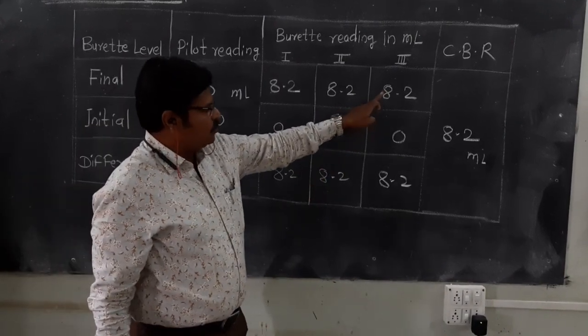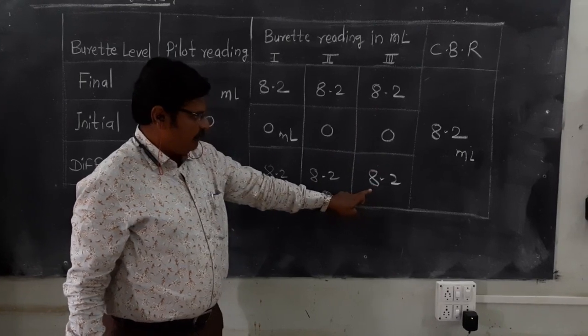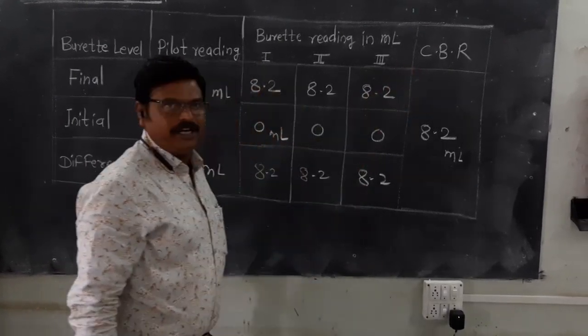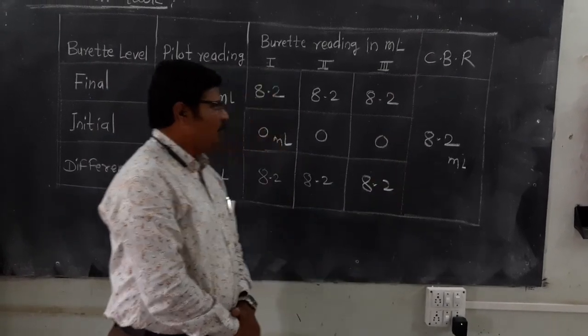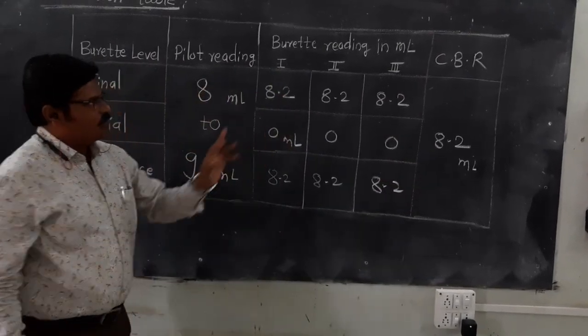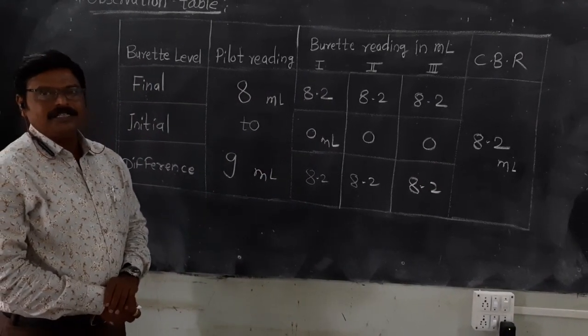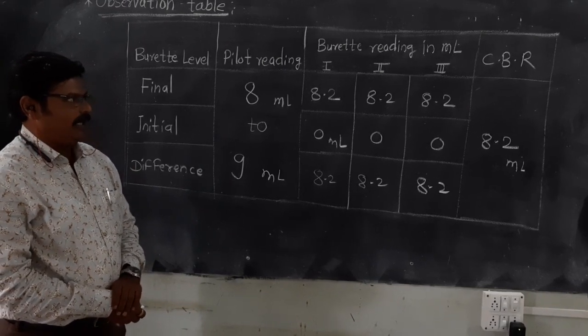Third fine reading also the same, 8.2, initial 0 ml, difference 8.2 ml. CBR, constant burette reading: our constant burette reading is 8.2 ml. This constant reading is used in the calculation for getting the strength of the unknown solution, potassium permanganate.